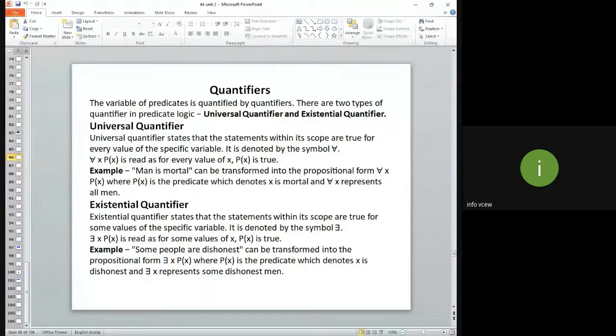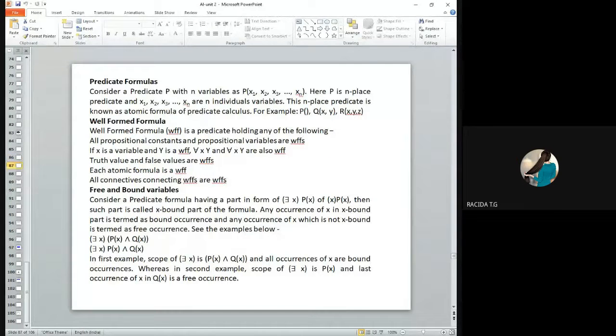Existential quantifier means we use there exists x, P of x. This is the existential quantifier. So what are the two types of quantifiers? Universal and existential.